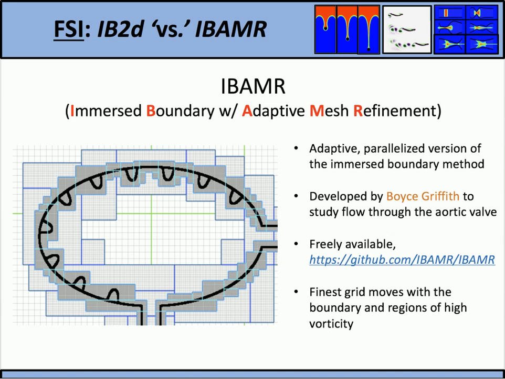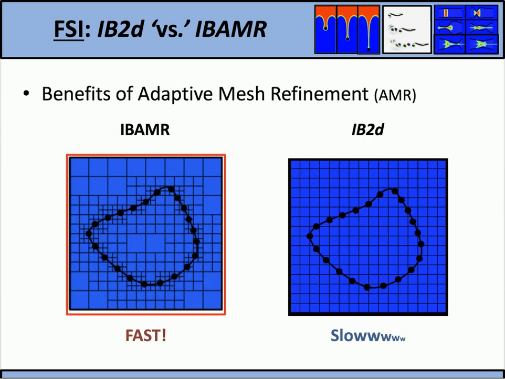Now what makes IBAMR very fast is its adaptive mesh refinement, or AMR. If you're unfamiliar with AMR, you can think of it as a way of finding highly accurate solutions near regions where there's a lot happening. Moreover, in regions very near your boundary, you're going to have very highly resolved solutions.